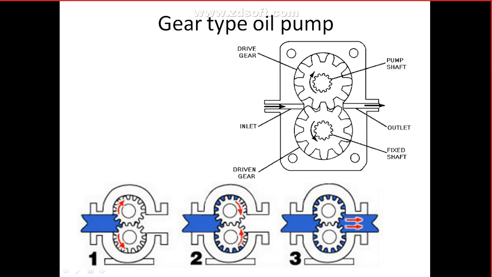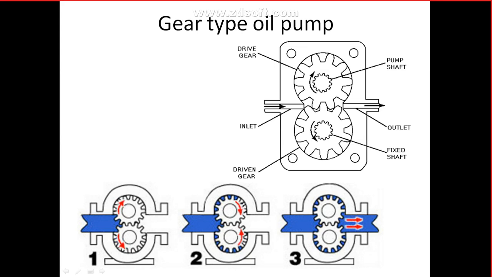Okay, so how it increases the pressure: once it enters this oil pump, in the first diagram if you observe, first it occupies the left portion of this gear, and the top gear is rotating clockwise and the bottom gear is rotating anti-clockwise.